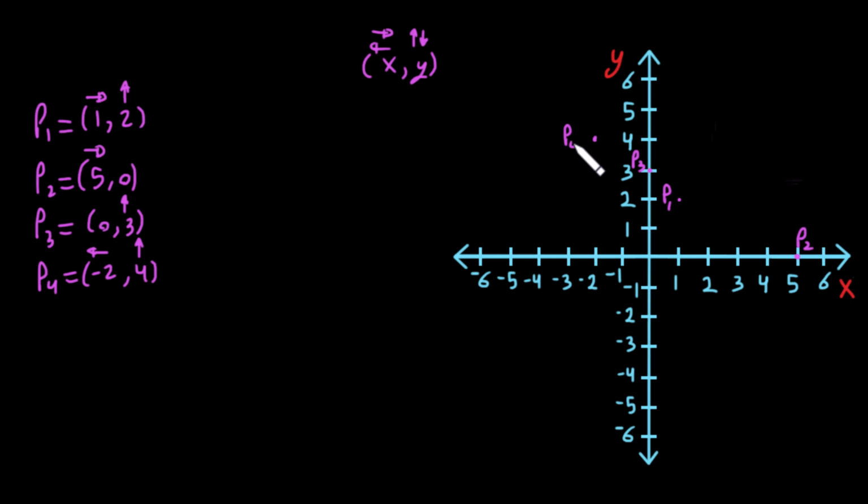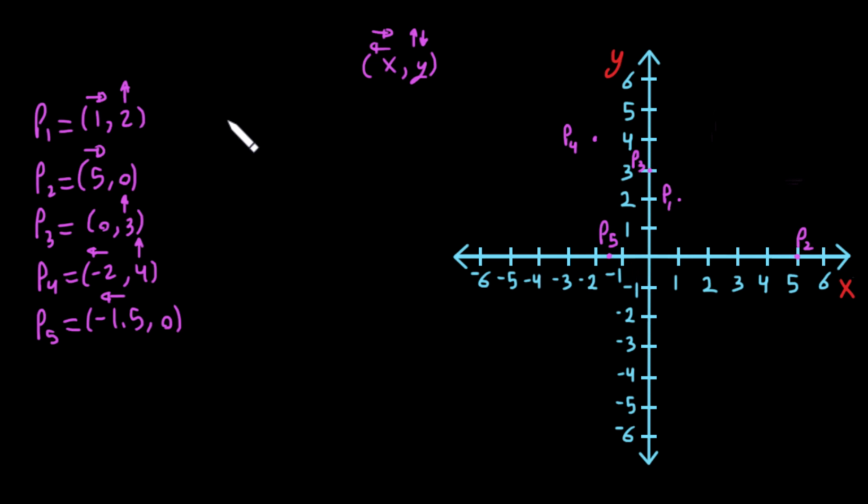Here, P4. Let's take another point, P5 equal negative 1.5, 0. So we have to go left because it's negative, and we don't have to go up or down because it's 0. So it will be negative 1.5, which is here, P5.